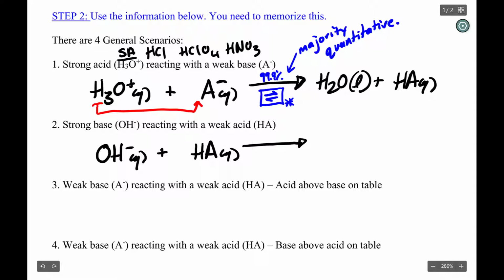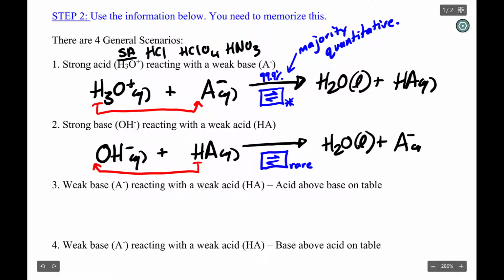There are a few weak acids where this is in equilibrium, but it's very rare. All we really care about is that it favors the products. So remember that the weak acid would donate its hydrogen. This would form water, and we would be left with the conjugate base, A-.